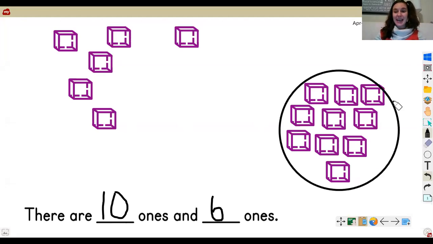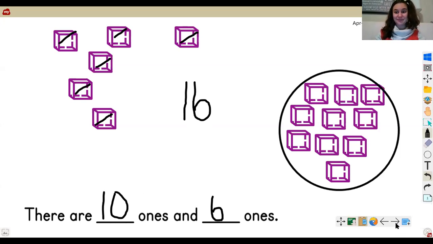So 10, 11, 12, 13, 14, 15, 16. So all together, I have 16 ones. So let's say that together. I have 16 ones. So I know that 10 ones and 6 ones make 16. So 10 and 6 make 16.